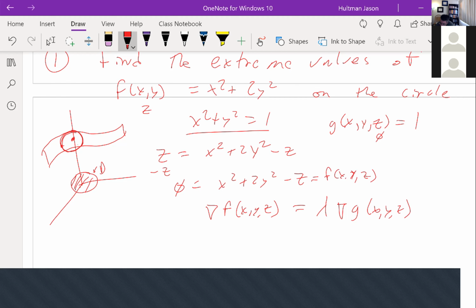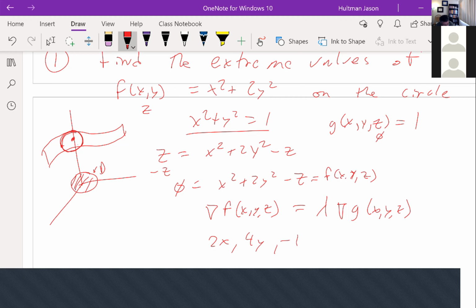Okay, so let's take the gradient, right? The gradient. So the partial on x is 2x. Partial on y is 4y. Partial on z is -1, right?